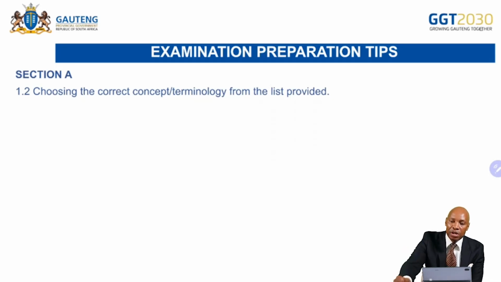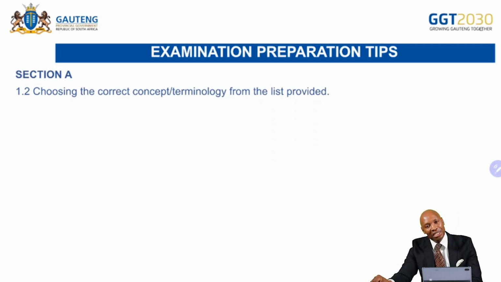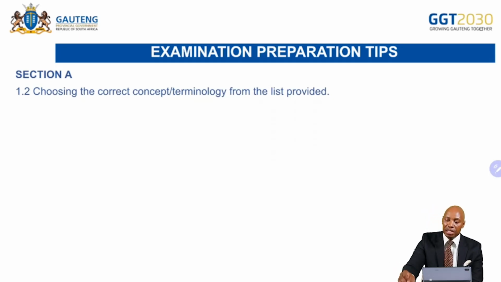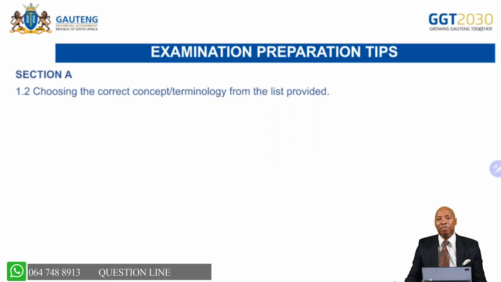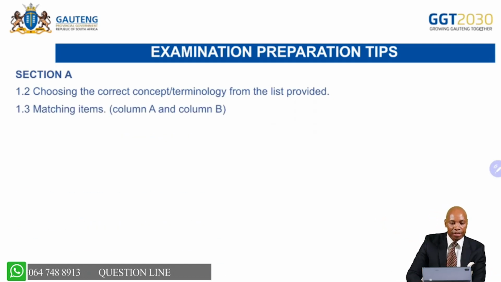Please take the terminology from the list the way it is. Don't change it. Why should you change it? Please take it the way it is and don't abbreviate it. If it is a legislation, if it is written as Basic Conditions of Employment Act, take it the way it is and write it in your answer, because we are just copying from the list. So it's important that you do that.